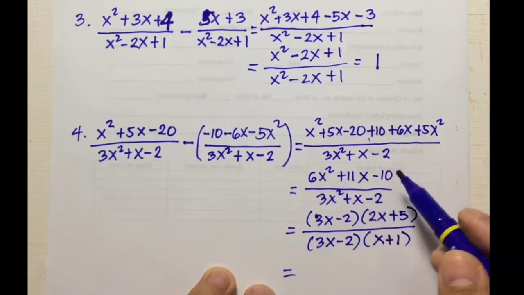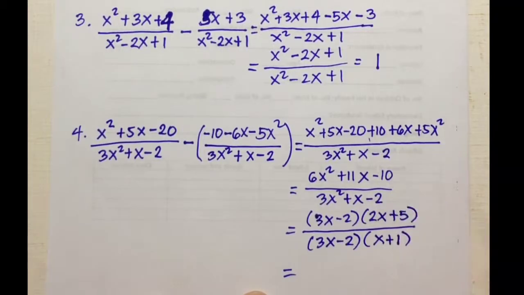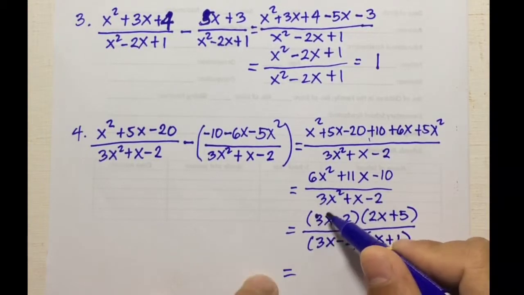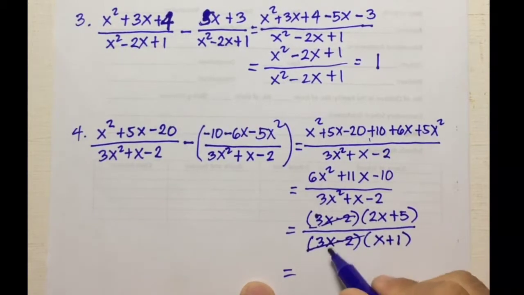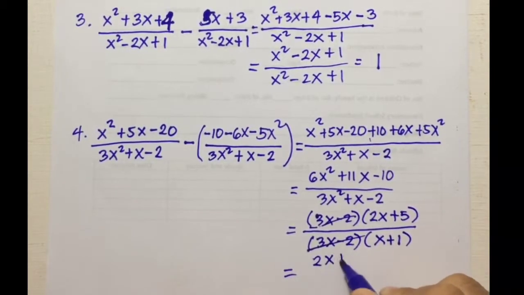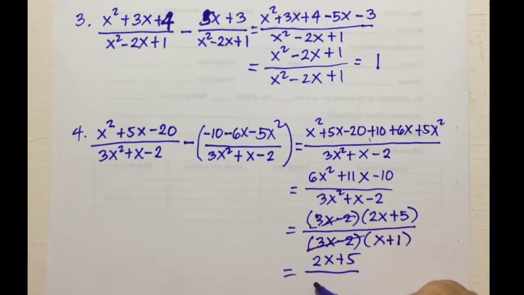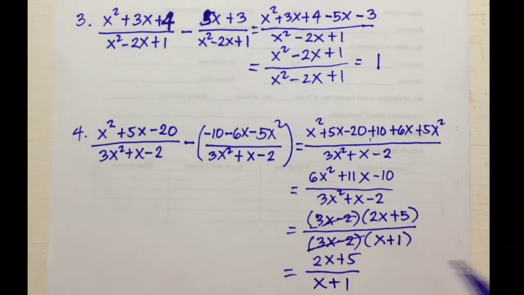Then cancel out the similar terms in the numerator and denominator. We are going to cancel 3x minus 2 and 3x minus 2. So our answer here will be 2x plus 5 over x plus 1.